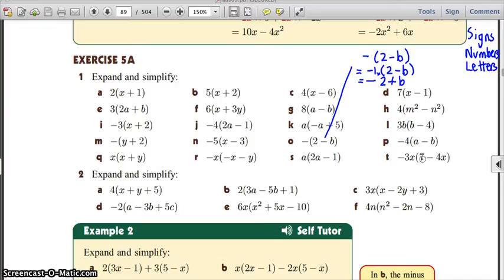Okay. I'll try this one. 3B, B take 4. Beth, what's the first thing I'd do? Excellent. 3B times B. What does that give me? 3B squared. Terrific. And the next one, Sean?